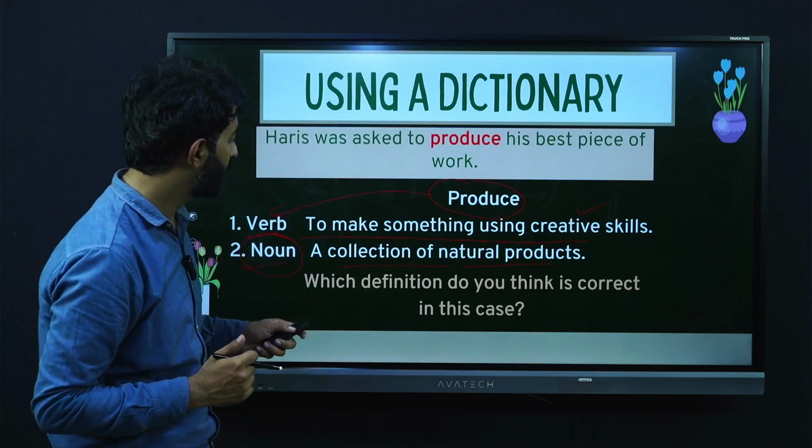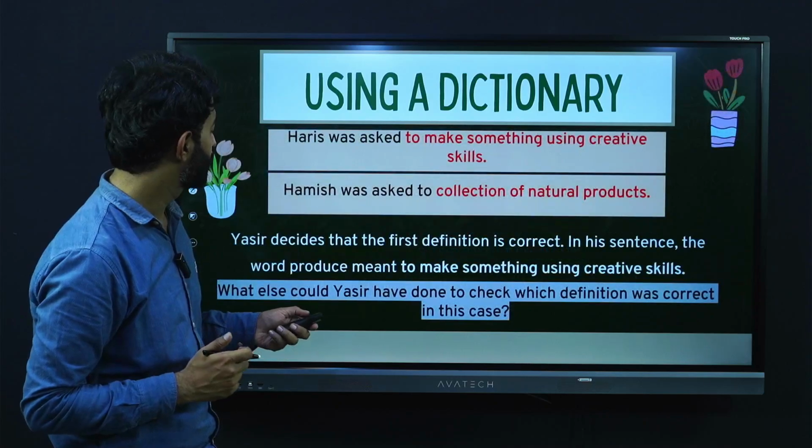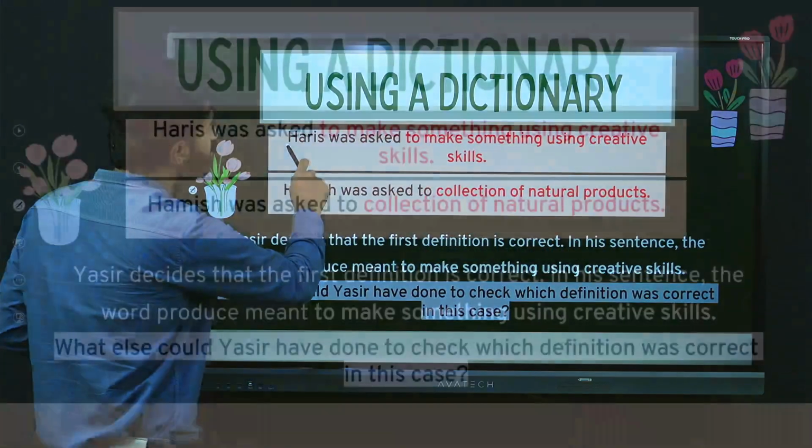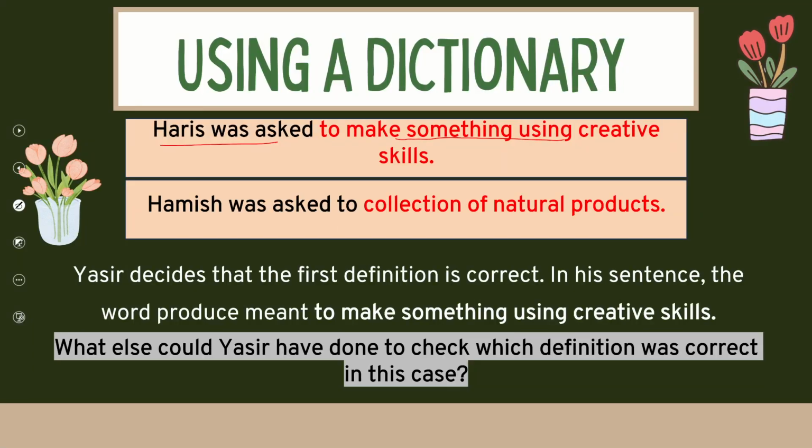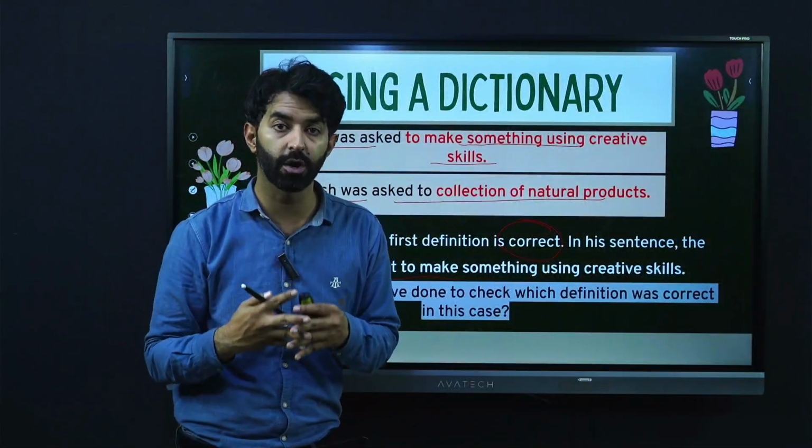Okay, moving on. Haris was asked to make something using creative skills, or Haris was asked to collection of natural products. Now Yasser decides that the first definition is correct. In this sentence, the word produce meant to make something using creative skills, which is a verb.